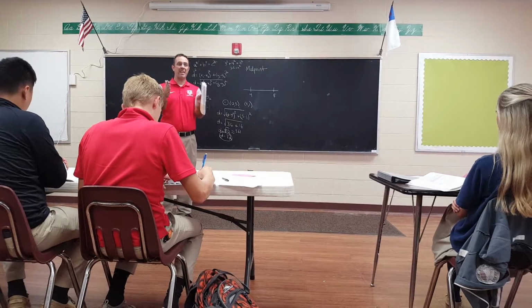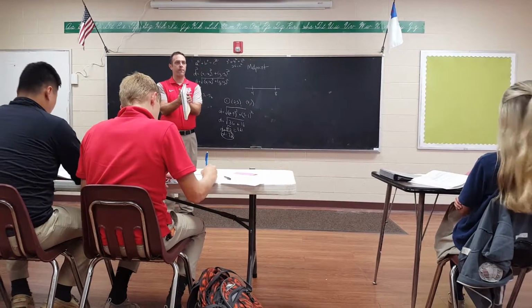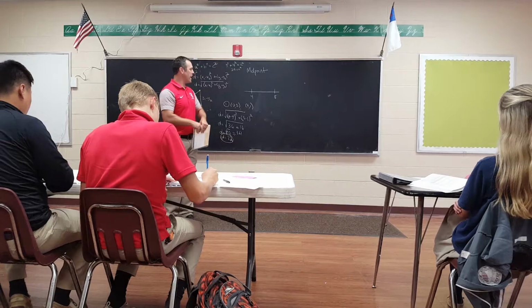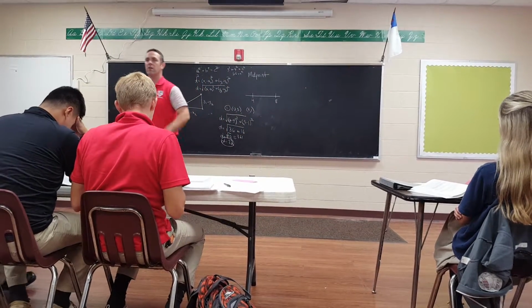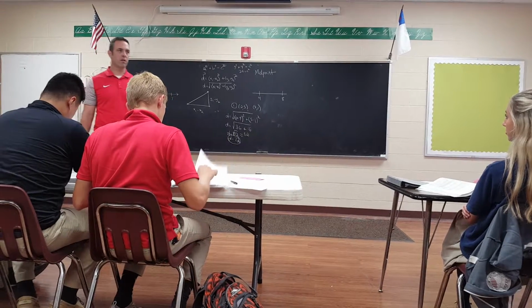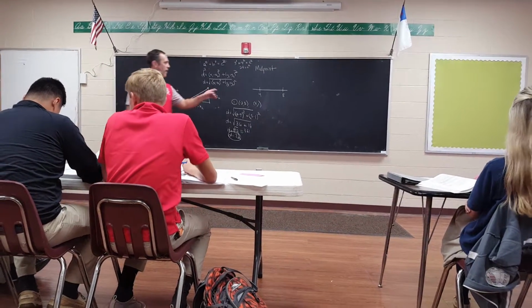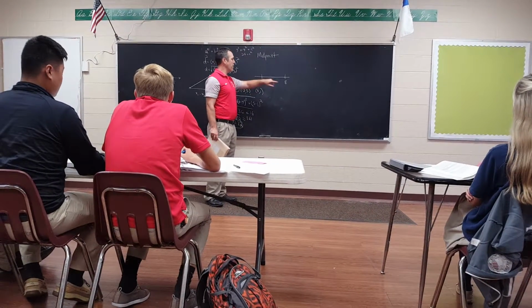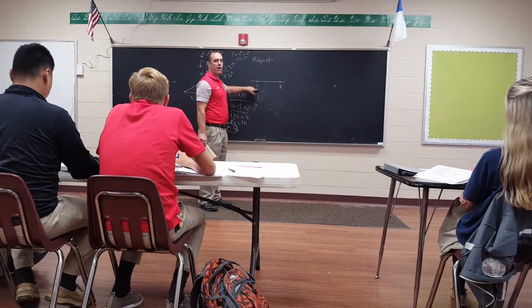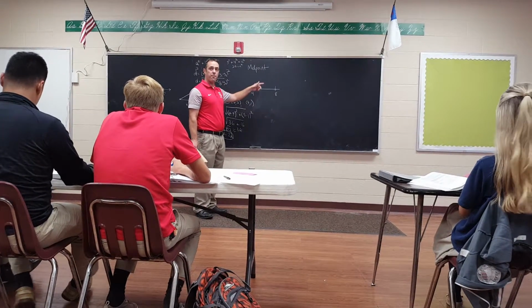Isn't average finding the middle? So if we got 2 points, how do you find the average of 2 points? You add both of them and then divide by the number of points. You take the two numbers, add them, and divide by 2. So that's how we find midpoint.